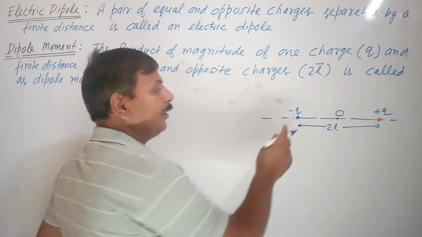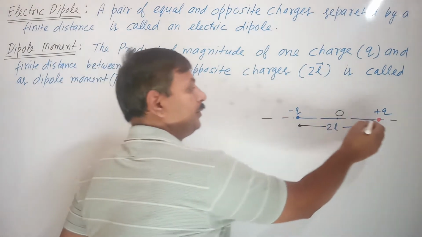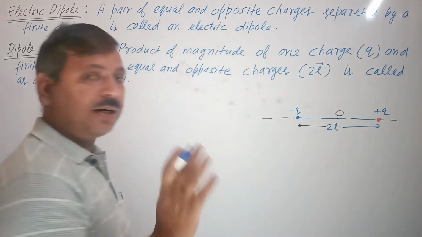So see, in an electric dipole, two equal and opposite charges are kept at a small distance.